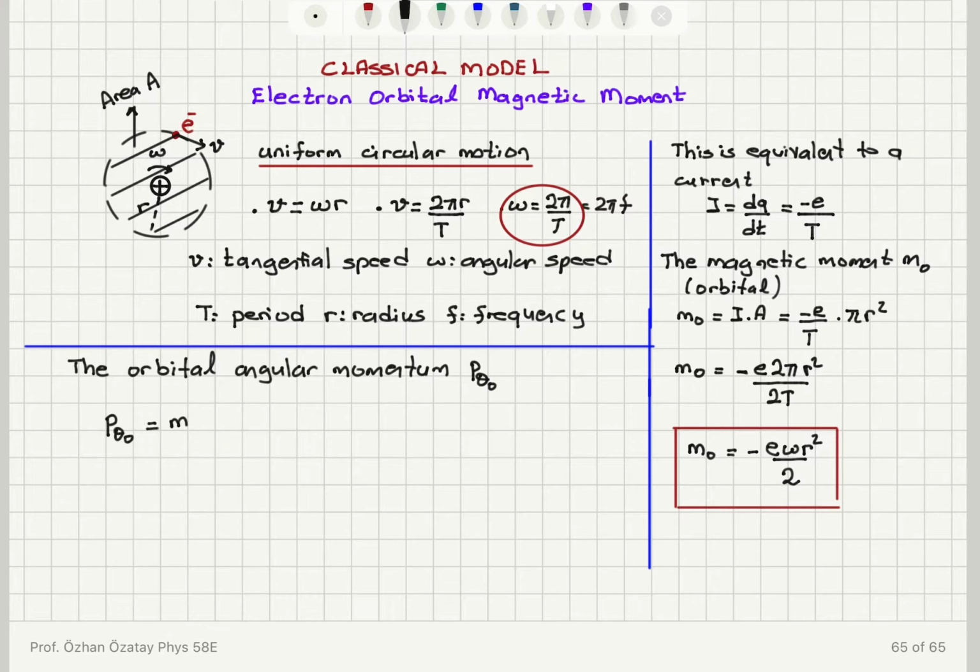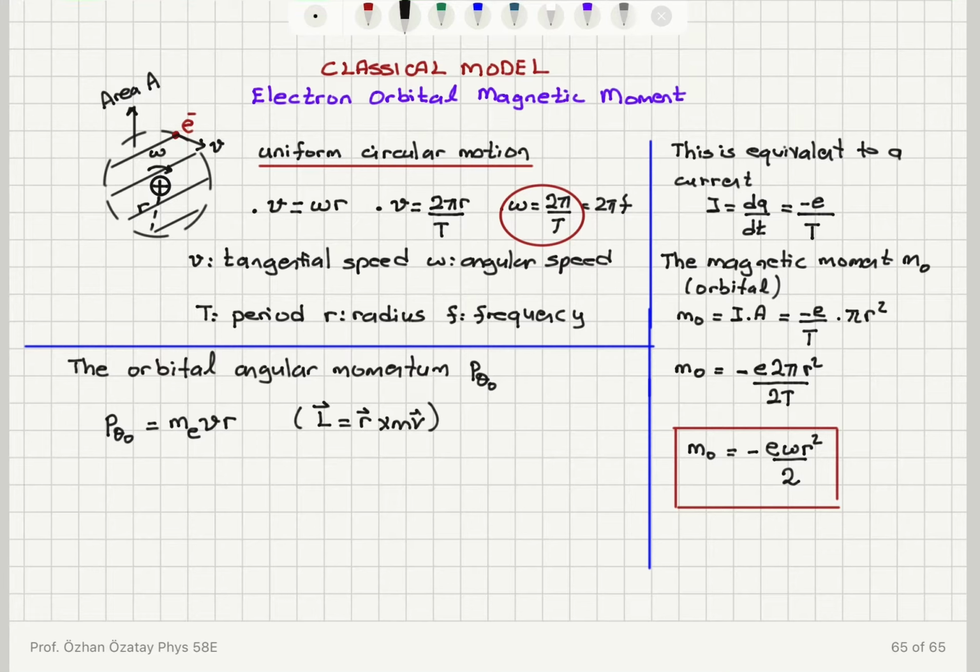mass of the electron, the tangential speed times the radius, because the definition of angular momentum was r cross with mv, the momentum, the linear momentum. So we have the radius vector r, so that is with respect to the axis of rotation.